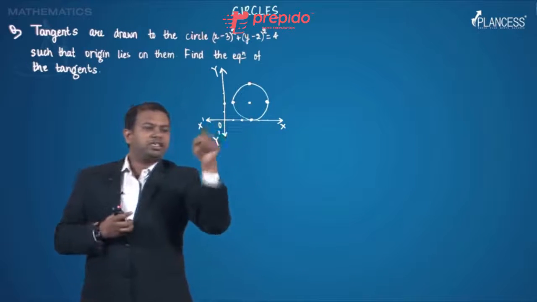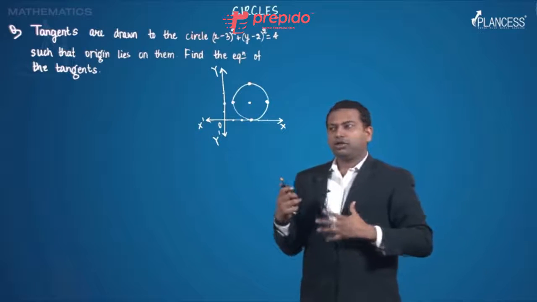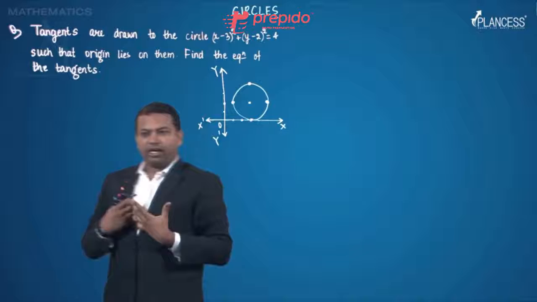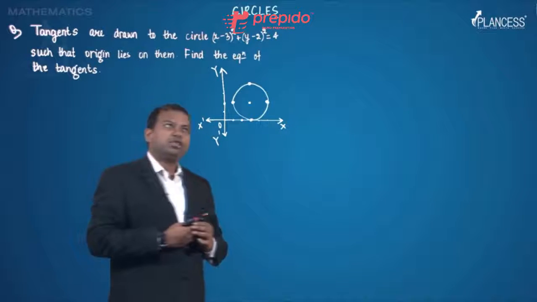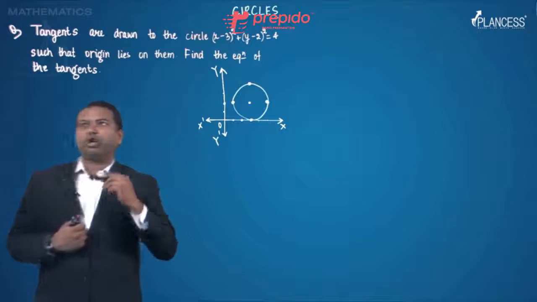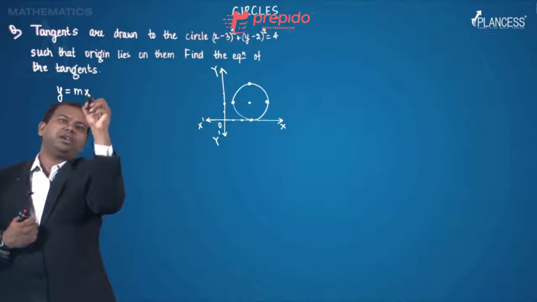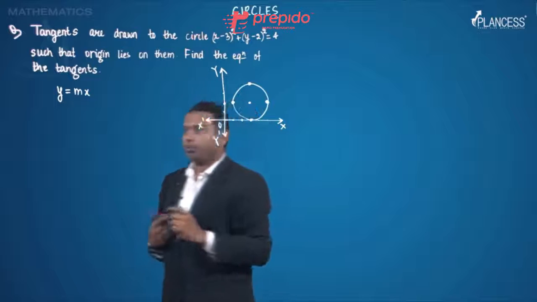And since the origin lies outside the circle, clearly we have an idea that if a point lies outside the circle, we can draw 2 tangents. So let us see how we can do this. Any line passing through the origin has an equation y is equal to mx plus c, and c becomes 0 because the y-intercept is 0.